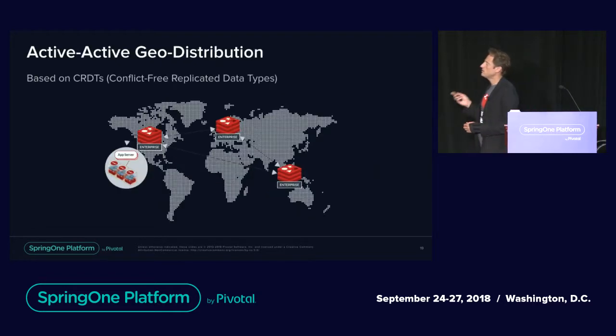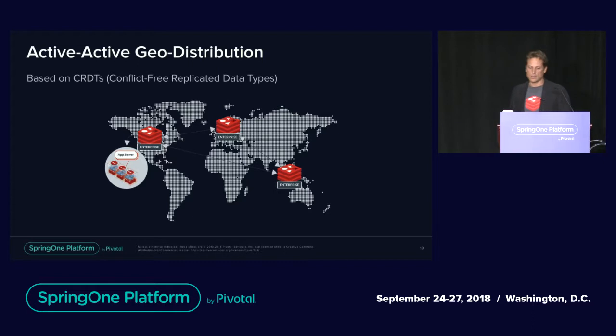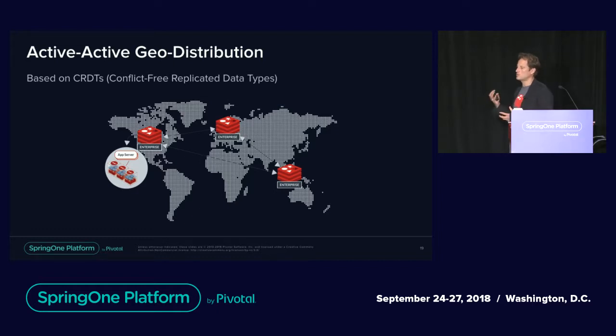Active-active geo-distribution is a very interesting technology based on CRDTs. This is academic research on how to do strong eventual consistency. It's based on the notion of rules around certain data types. You know that Redis is a data structure server. There are different rules for how to resolve conflicts that might happen in different parts of the world when you write to the same keys at the same time.